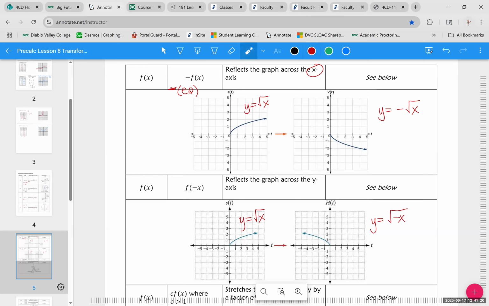So the difference is the negative goes in with the x inside the equation. That tells you to reflect across the y-axis. So now the 1, 1 is now negative 1, 1, and the 4, 2 is now negative 4, 2. Okay.